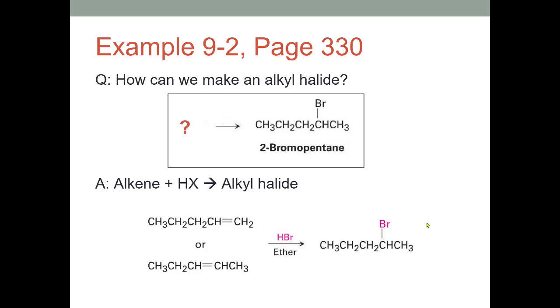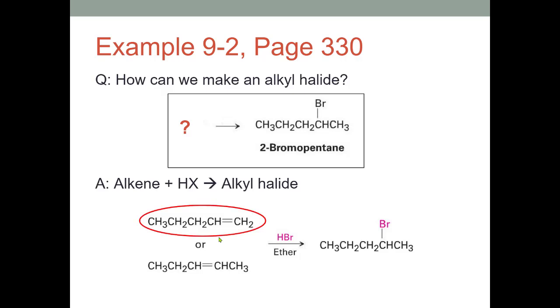If I want this product, this 2-bromopentane, I will need to have immediately preceded that with 1-pentene, and treated it with HBr. Now, how did I get 1-pentene in the first place?